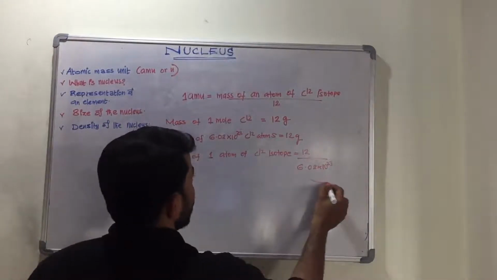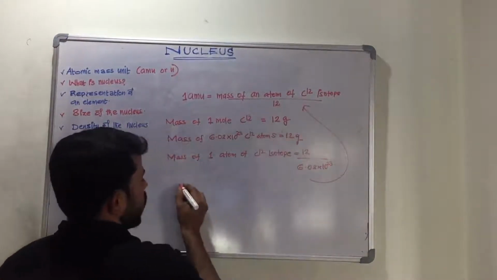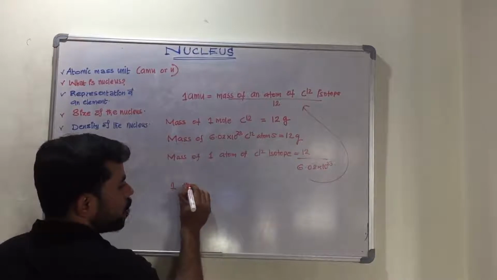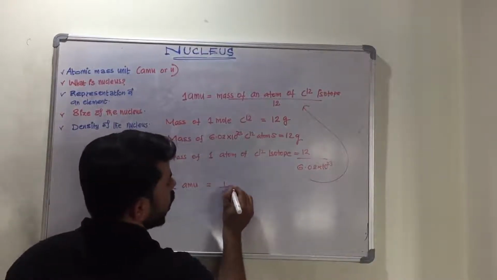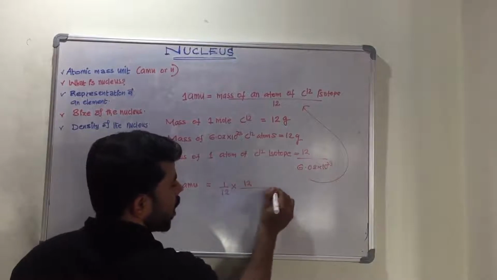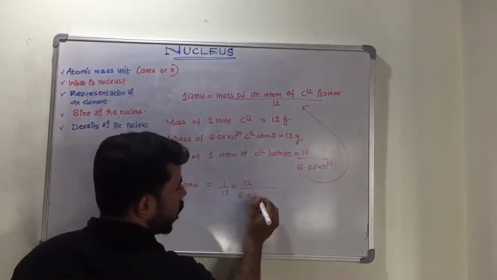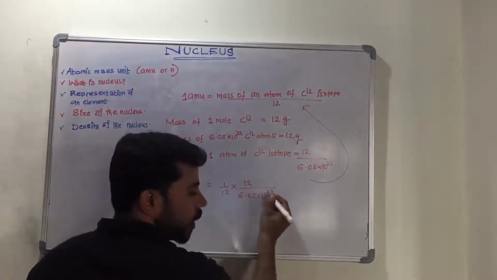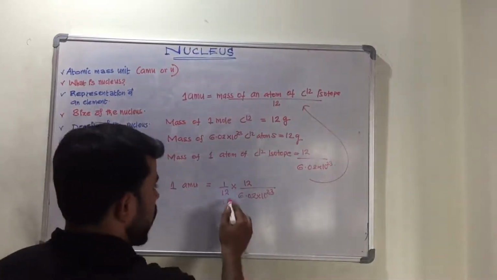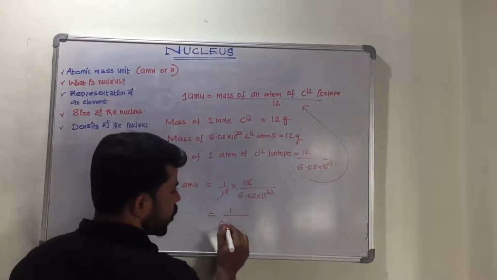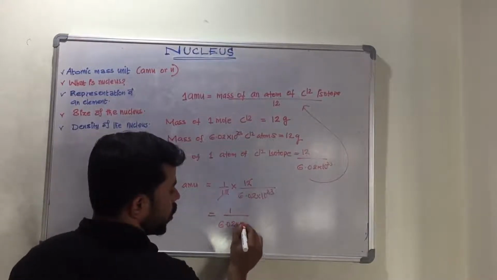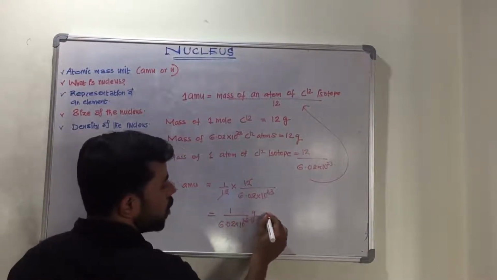Then put this value in 1 AMU. Then 1 AMU is equal to 1 by 12 into 12 divided by 6.02 into 10 raised to 23. 12 cancels. Then what is the value? 1 over 6.02 into 10 raised to 23 gram.